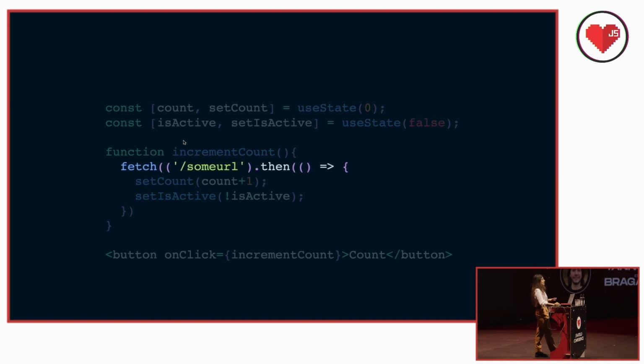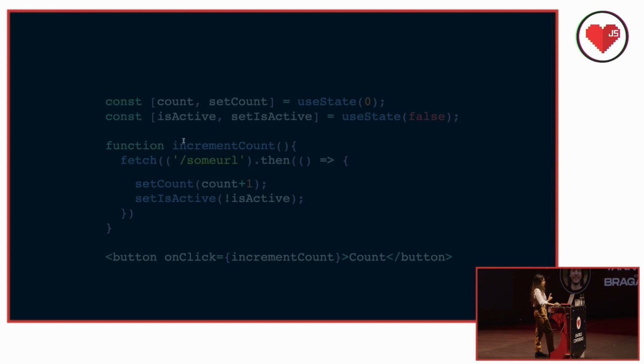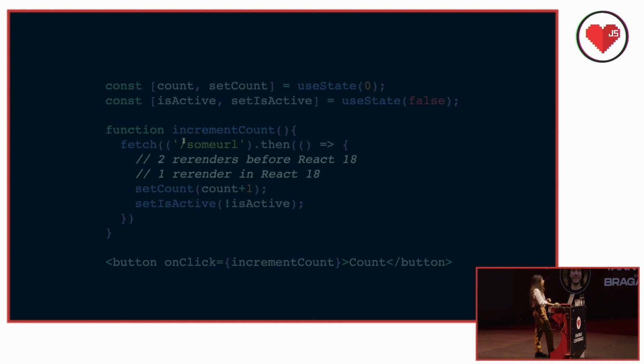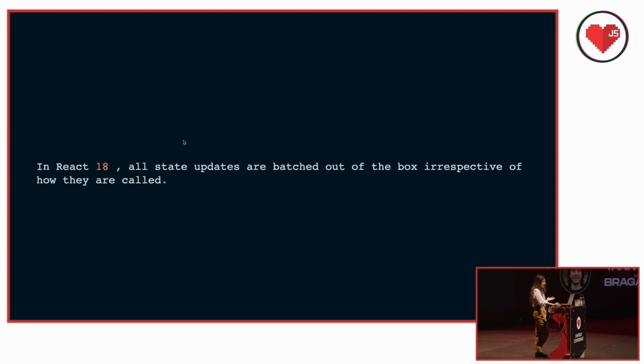In this case, React does not automatically batch it. So there will be two renders here instead of one. But now in React 18, everything is batched out of the box, irrespective of whether you are calling the state updates inside any asynchronous function or not.